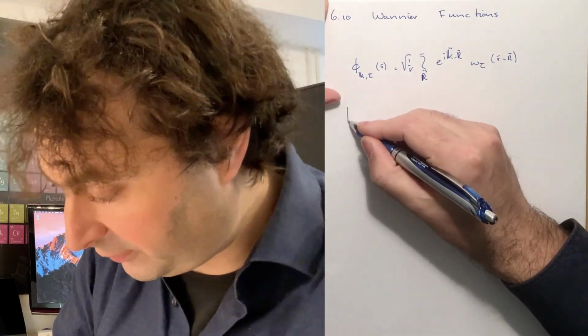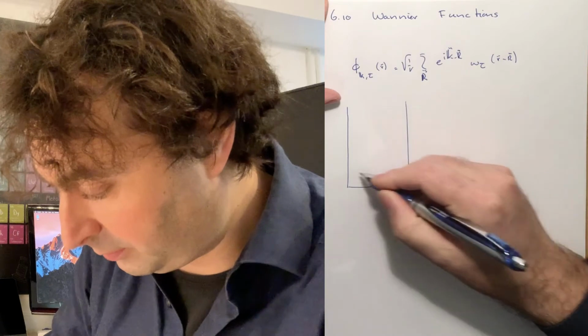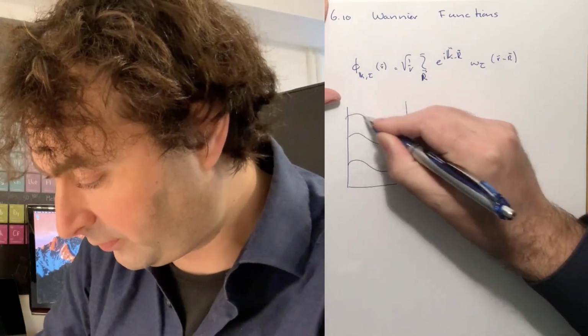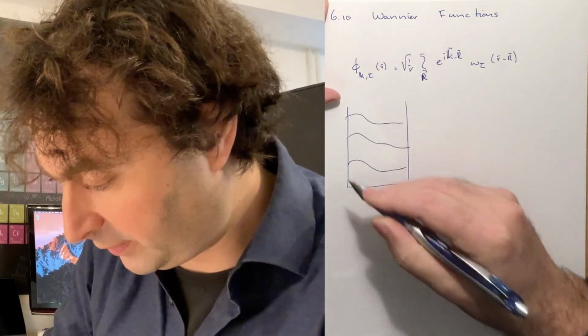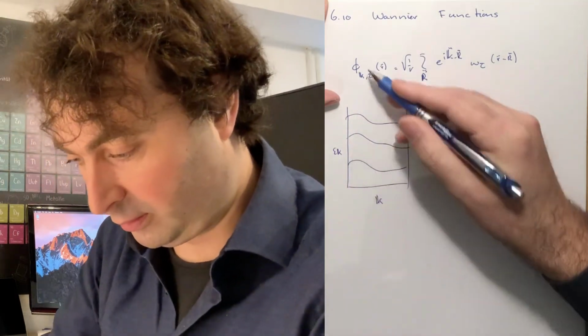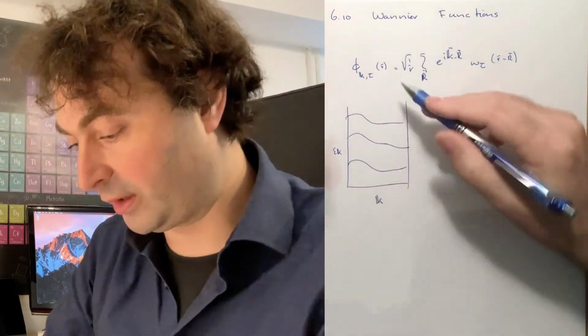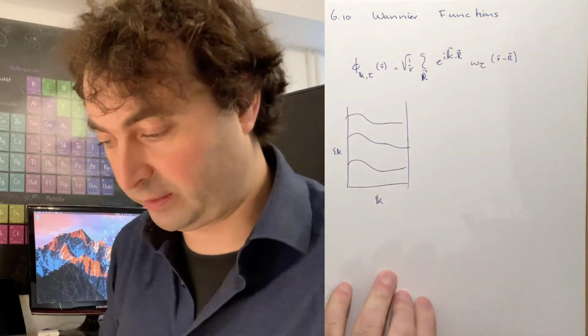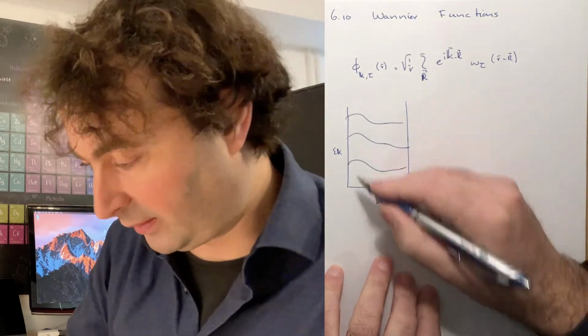Now, if I have my Bloch waves as a function of momentum, I have different taus that linearly combine to generate the eigenstates that I have.